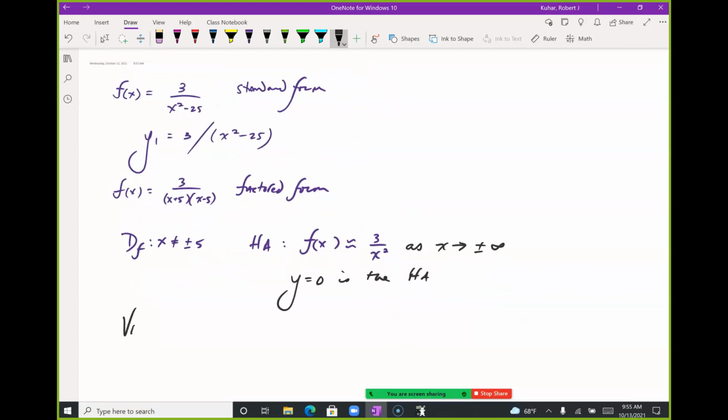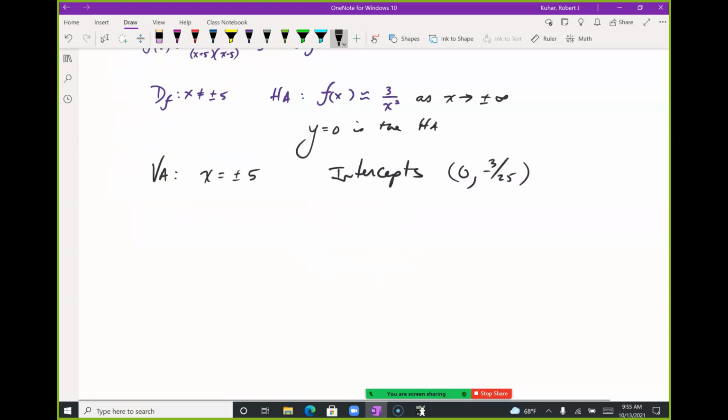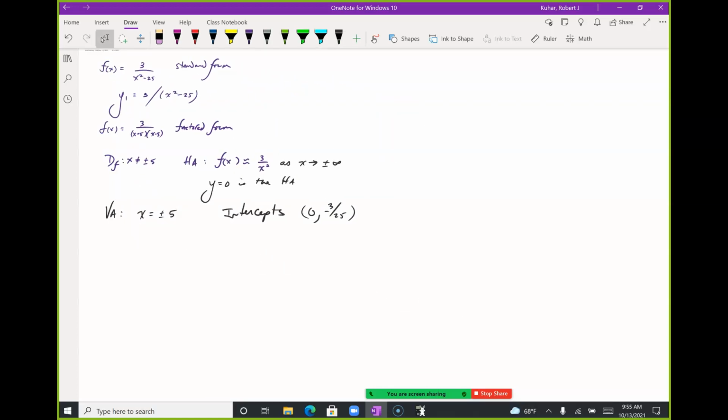Where are my vertical asymptotes? At x equals plus or minus 5, right? What are my intercepts? Well, the numerator is never 0, but I can let x be 0, so I get 0, negative 3/25. I'm ready to kind of start. I probably want to do a short run, but I'm going to cheat.